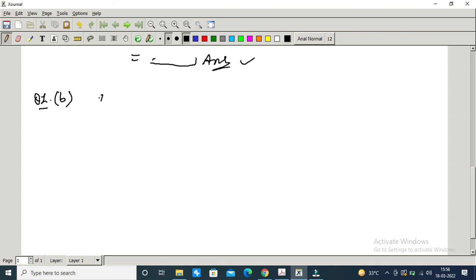So they are asking 28, 13, 12, then 25, then 38, then 11, then 15, then 9, and then 36.